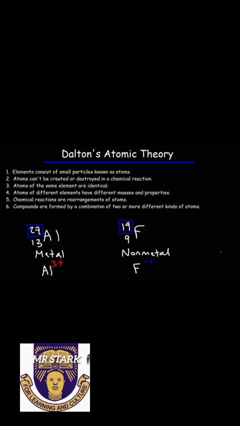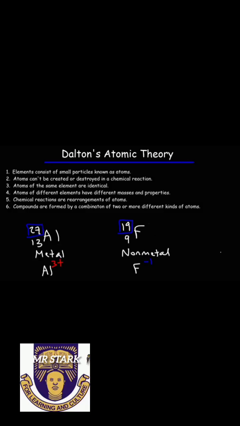In this case, fluoride. So metals like to give away their electrons to form positively charged cations. Nonmetals like to acquire electrons to form negatively charged anions. So these 2 elements, because they're different elements, their atoms have different chemical properties and different masses.